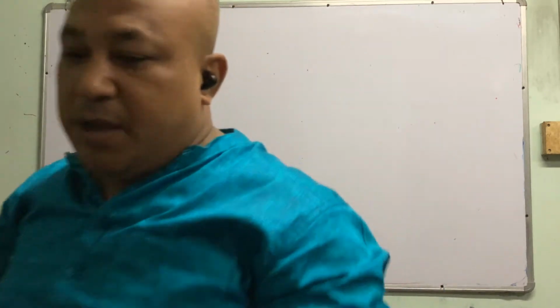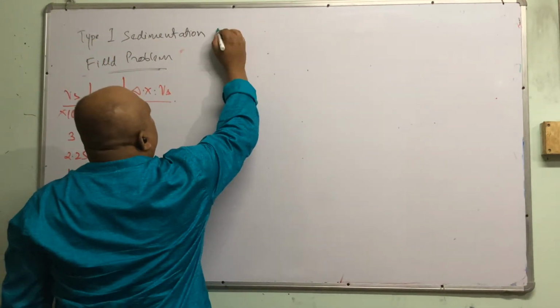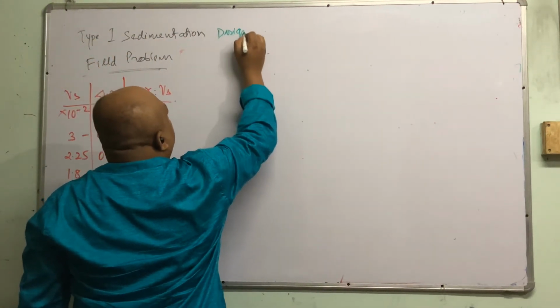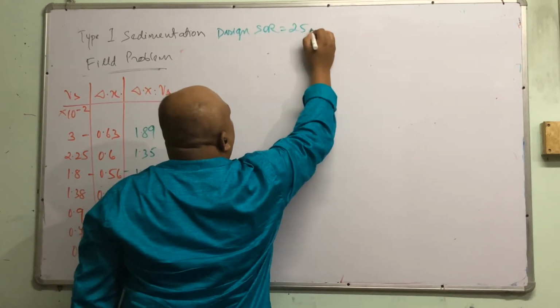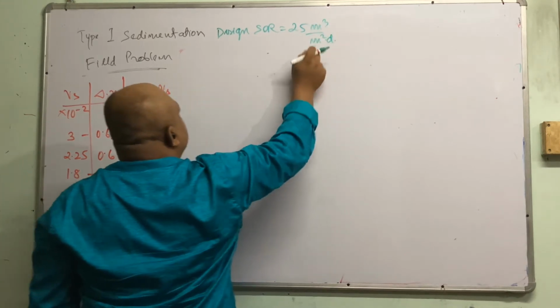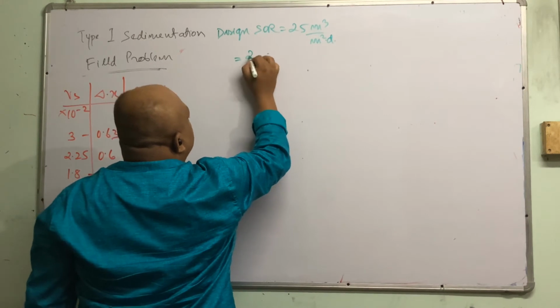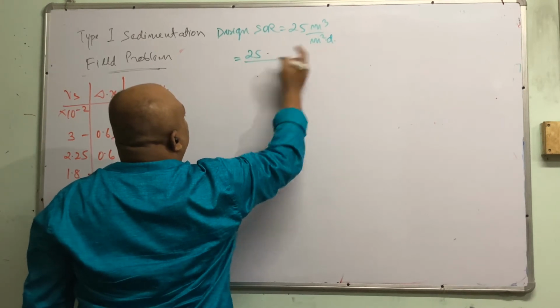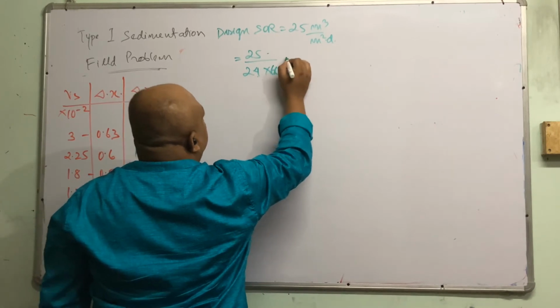Now, number one, your design SOR is equal to 25 meter cube per meter square per day. Since everything is in terms of meter per minute, you have to convert this: 25 divided by 24 hours into 60.